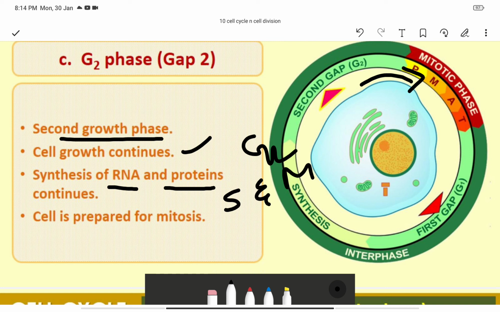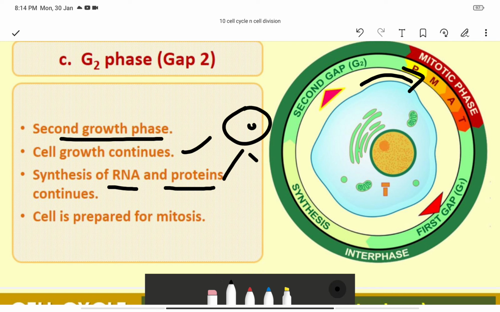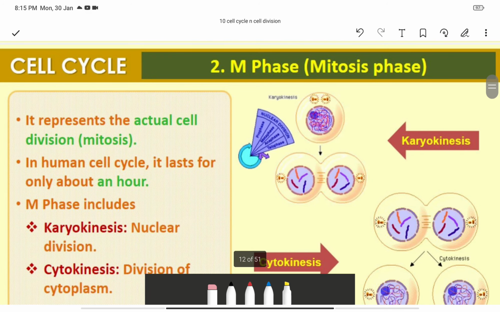One cell is going to divide into two daughter cells, and for that preparation is required. Cytoplasmic content and nuclear content should be equally shared. For that purpose this preparation takes place, which is the interphase, the so-called resting phase.